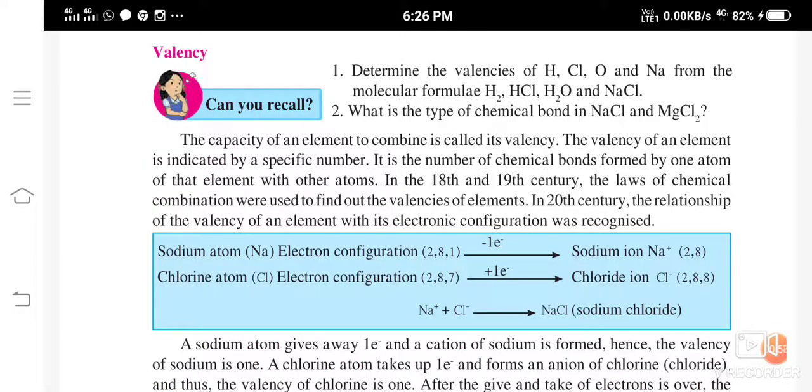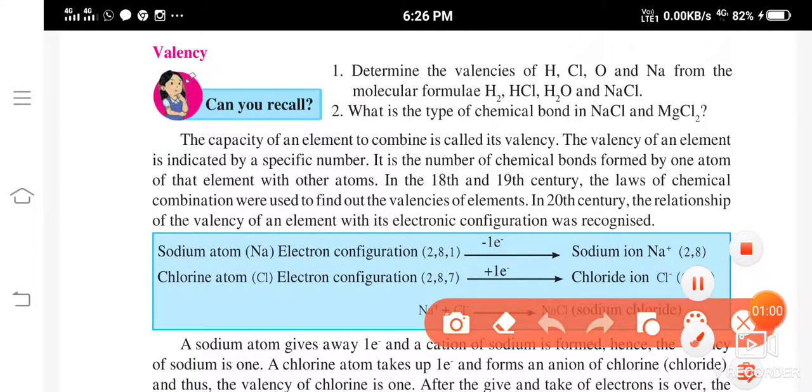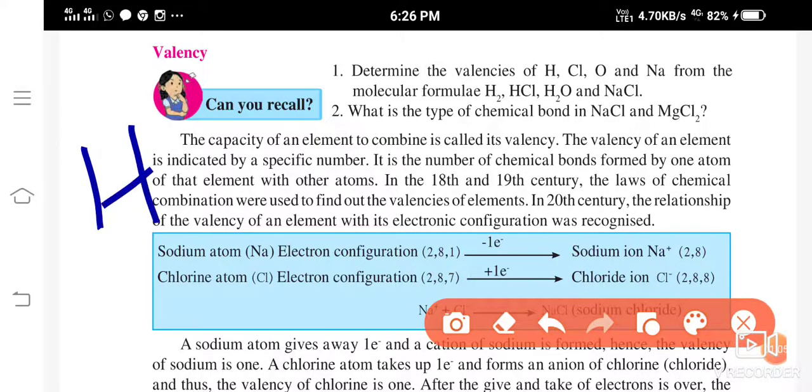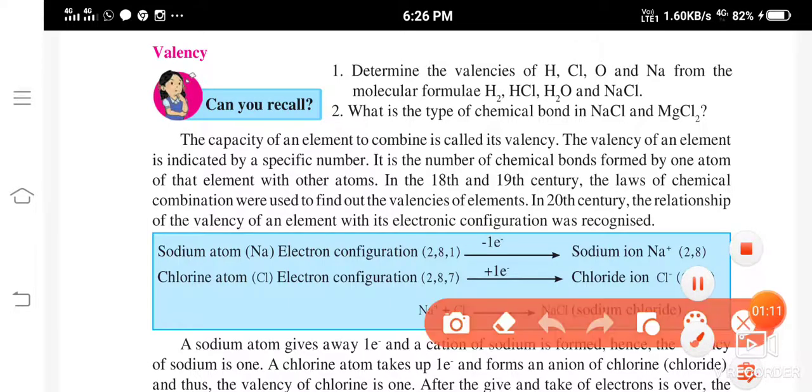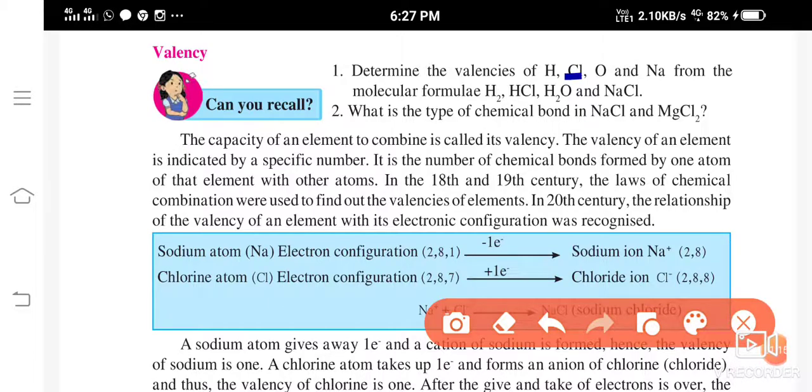Hydrogen, you know the valency of hydrogen is 1. Now the next one, chlorine. By seeing this compound, hydrogen chloride, how many atoms of hydrogen are given? 1. Chlorine, how many? 1.